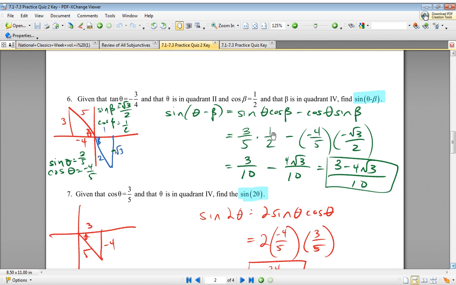Cosine of beta is 1/2. Cosine of theta is negative 4 over 5, and sine of beta is negative radical 3 over 2. Order of operations say multiply, multiply, and then we can add. If it's something that needs to be rationalized, you will have to rationalize it. That is just how that's going to go.